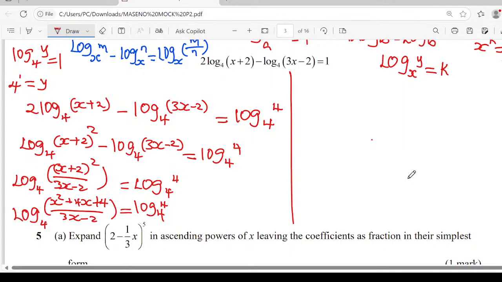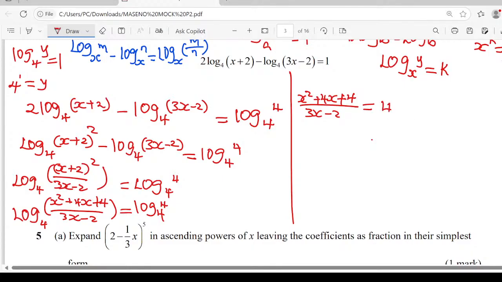So when I drop the logs and proceed with my powers, I'm going to have x squared plus 4x plus 4, all over 3x minus 2, should be equal to 4. You equate like that.